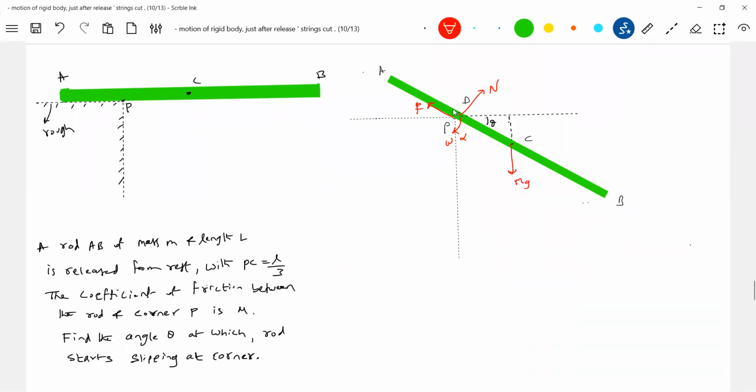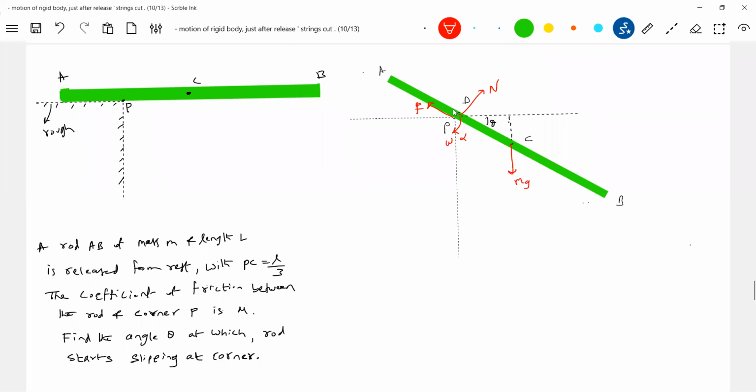Sir, why did you bring centrifugal force? I can bring it, what's wrong in that? Or if you are standing on the ground, then F minus mg cos theta, the component of weight, will be the required centripetal force.